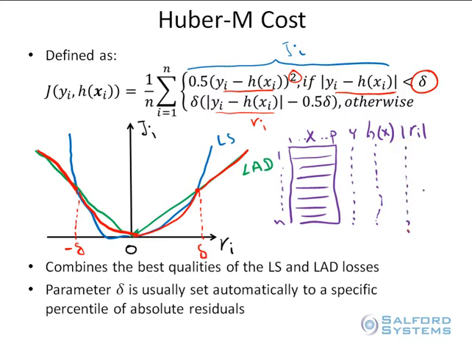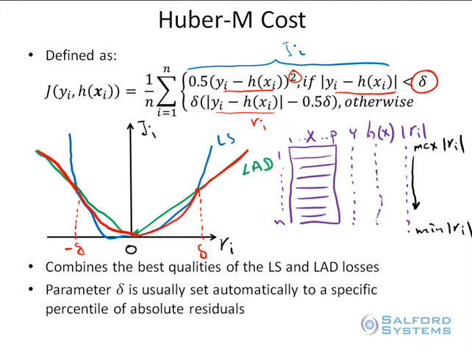Okay. So once you have the residuals and you take the absolute values, you can sort the residuals descendingly. So this is going to be the max absolute residual. This is going to be the min absolute residual.